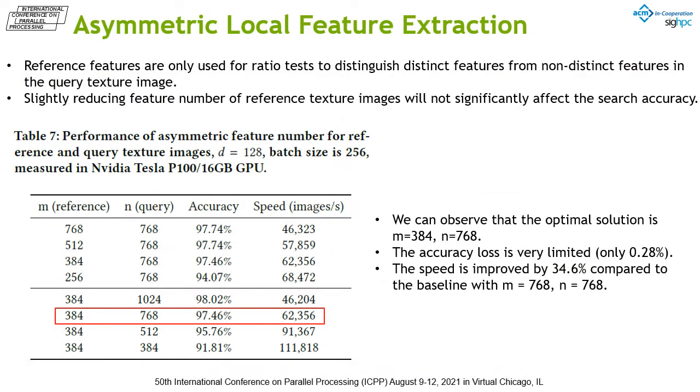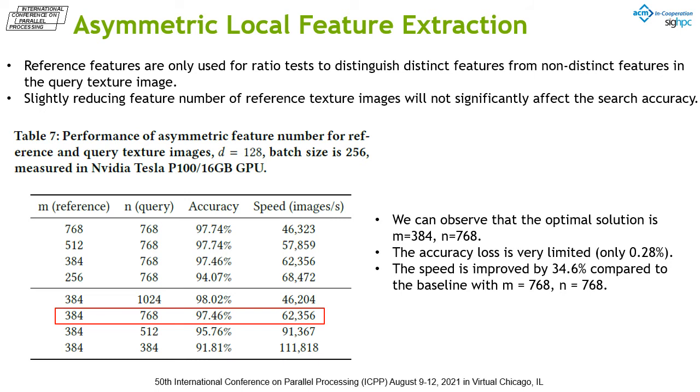In the above discussion, we assume the number of features extracted from the reference and query images are the same. We carefully investigated the ratio test algorithm after the 2 nearest neighbor computation during image matching. We found that the reference features are only used for the ratio test to distinguish distinct features from non-distinct features.